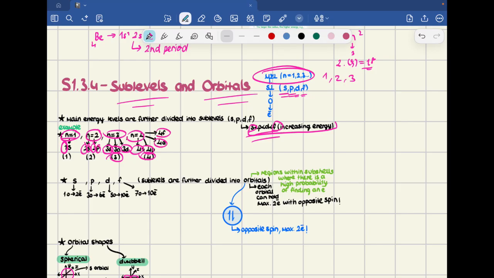So there is a correlation between the number of sublevels a main energy level has and its principal quantum number, n. The first main energy level has 1 sublevel, S. The second has 2, S and P. The third has 3, S, P, and D. And the fourth has 4 sublevels: S, P, D, and F.